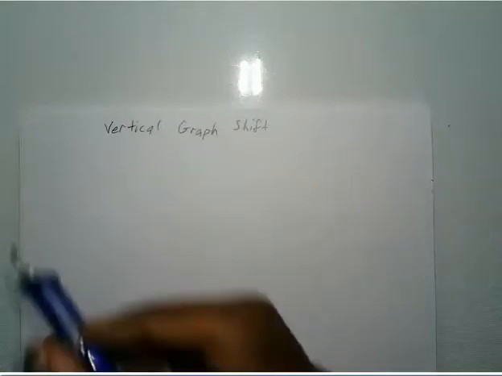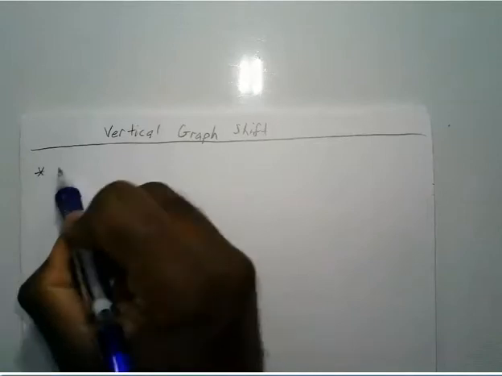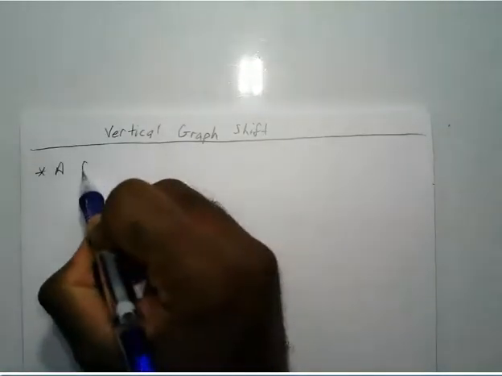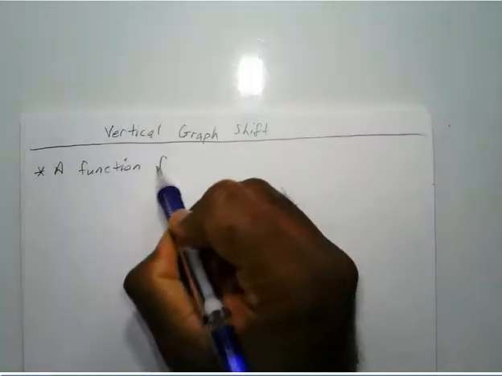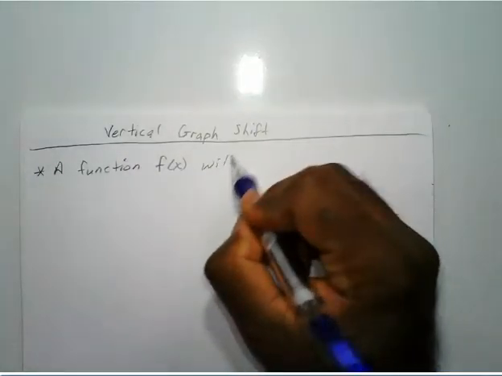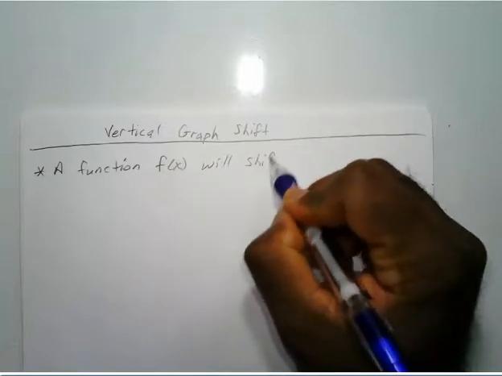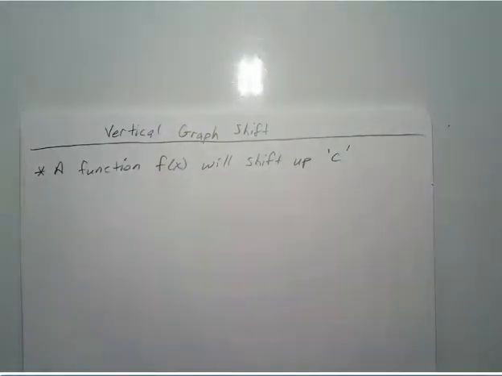Okay, so we have our vertical graph shift. With our vertical graph shift, we know that a function that we'll call f of x will shift up c units.